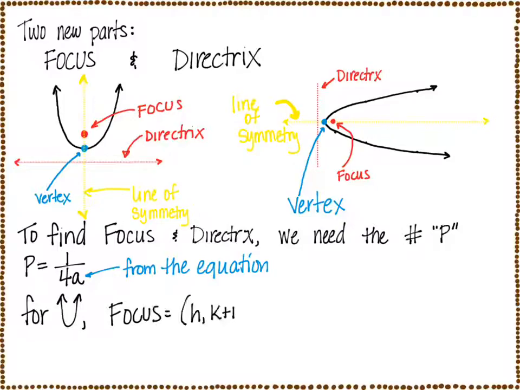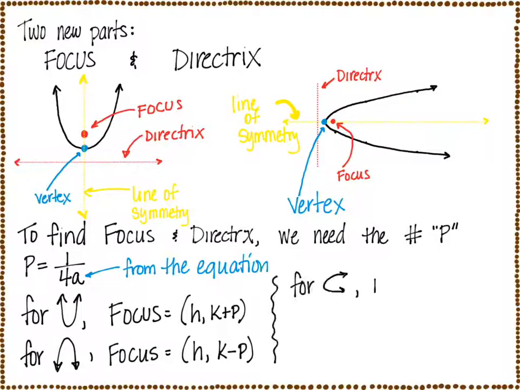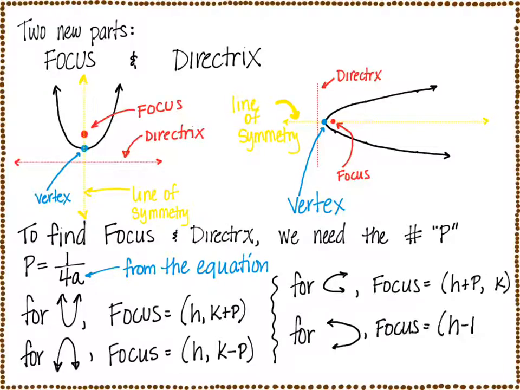So for an upward positive parabola, the p would be added to the k. For a downward parabola, the p would be subtracted from the k. For an opening to the right, a positive, the parabola that is an x equals parabola, it's added to the h, the x.